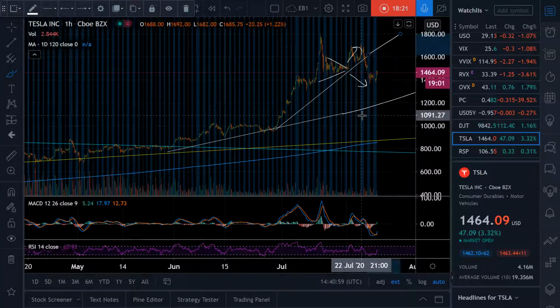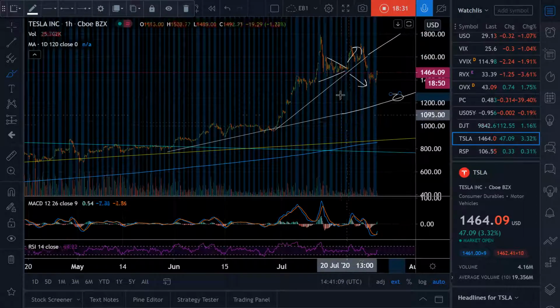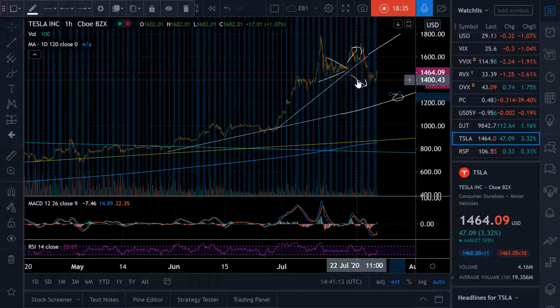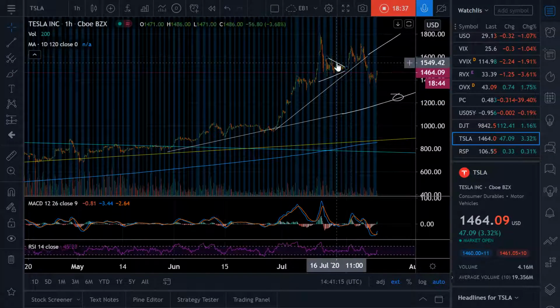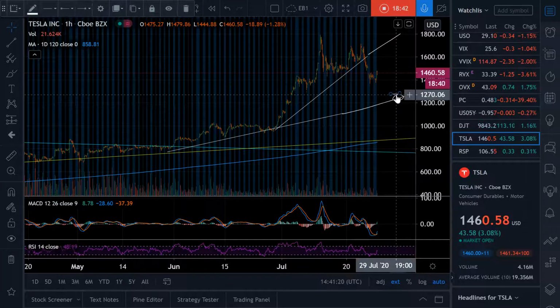So it's kind of in the middle of nowhere right now, and I would imagine if the Qs come down, Tesla would probably come down with it. And so we have this kind of support line here to look out for. But yeah, that's about it on the market here.